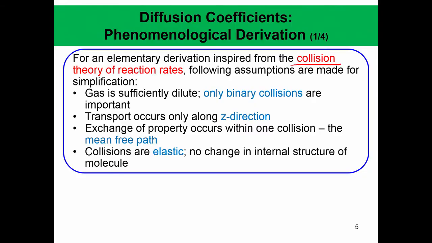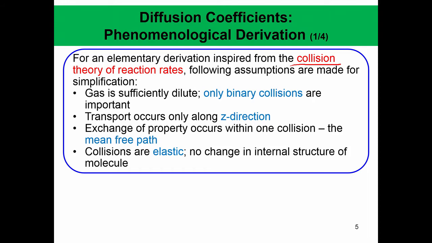Okay. In the reaction theory we accommodate this by saying that only when the collision energy is beyond a certain energy, that is the activation energy, collisions trigger reactions. But in this case, we will just find out what is the flux of species concentration happening because of these collisions, and of course no such concept of activation energy comes in.